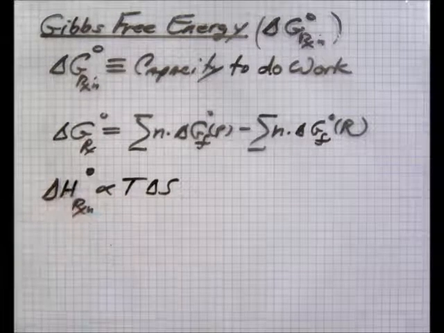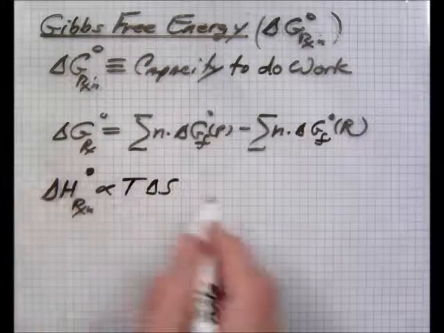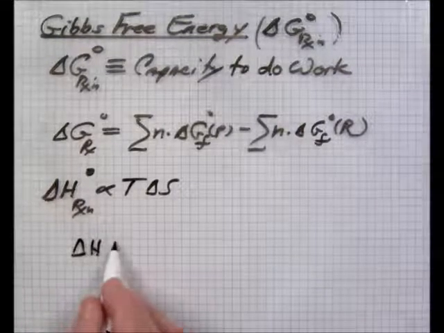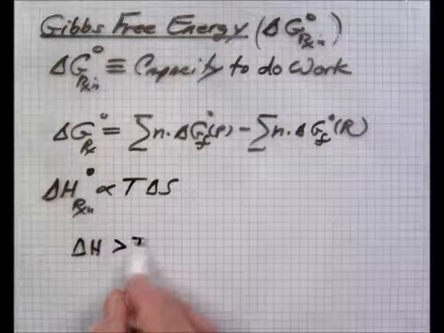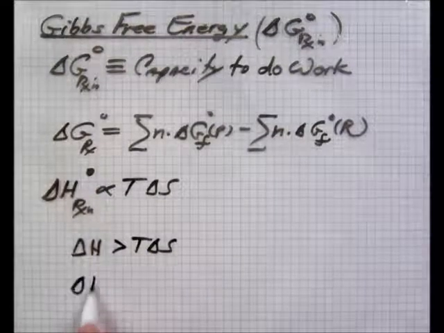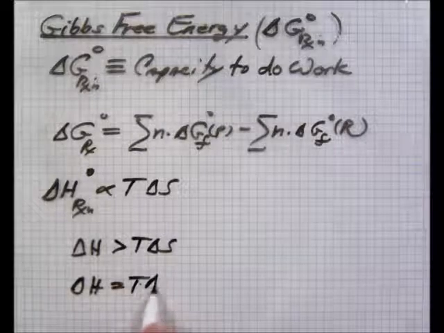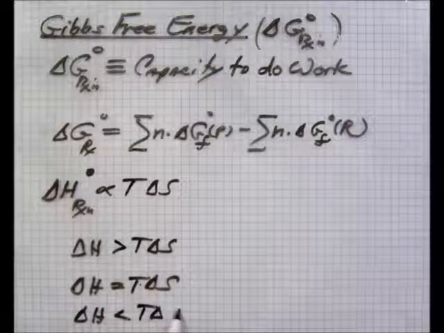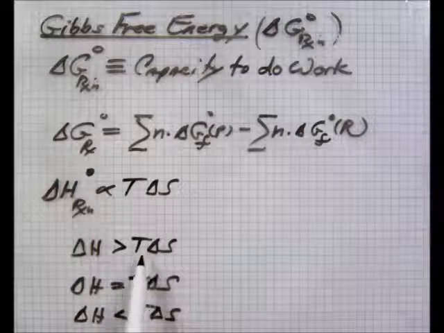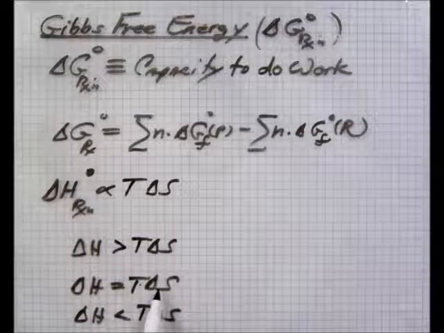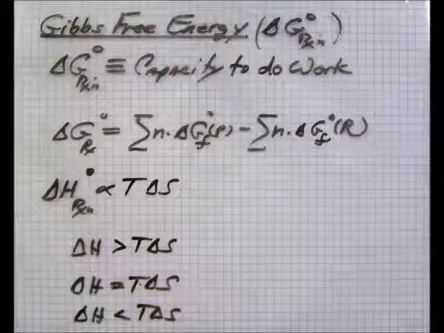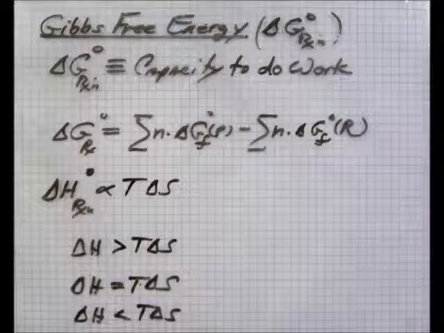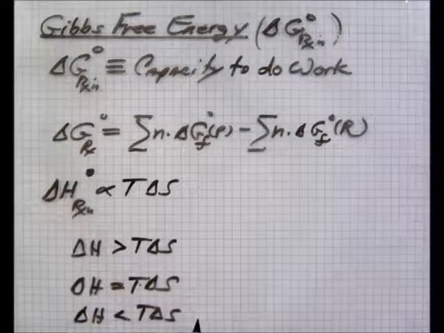Still hadn't gotten over pulling the wrong number out. Okay. Now, from here, you can have delta H, as we talked about earlier, greater than T delta S. You have delta H equal to T delta S, or delta H less than T delta S, in which the first case is non-spontaneous, second is equilibrium, and the third is spontaneous, because the inequality opens toward and favors the disorder term.